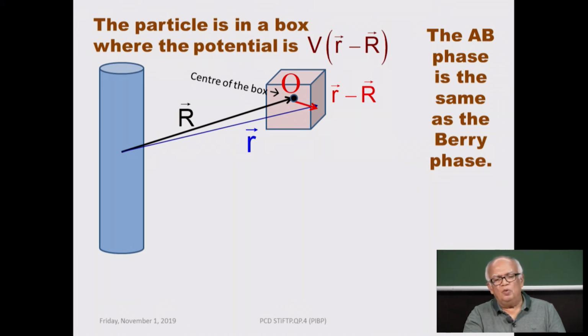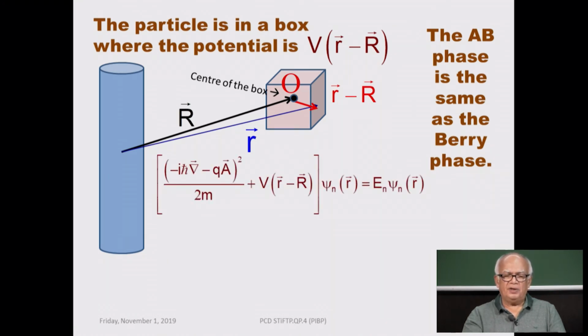So you consider positions of points inside that box in relation to the center of the box, which is this difference vector small r minus the big R, and write the Schrodinger equation. And the solution depends parametrically on the value of R, because that R can be anything, it can be a few millimeters, a few centimeters, whatever.